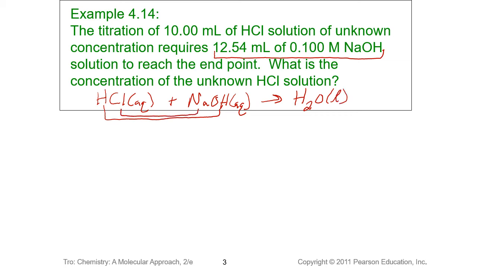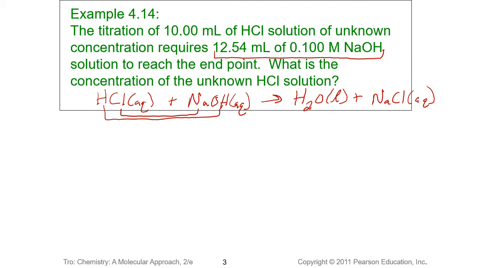Take the sodium, combine it with the chloride, and we get NaCl. If we look to balance this reaction, 1 sodium, we're good, 1 chlorine, 2 hydrogen, 1 from the H plus, 1 from the OH minus, and 1 oxygen. So we are balanced. This is a 1-to-1 reaction. 1 mole of HCl reacts with 1 mole of sodium hydroxide.